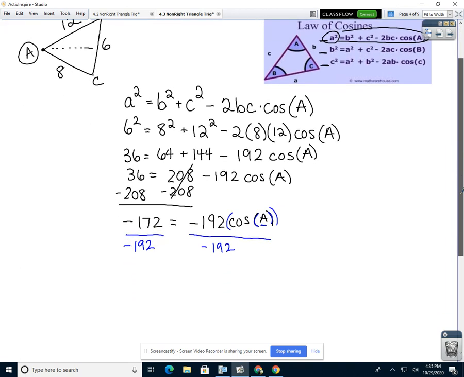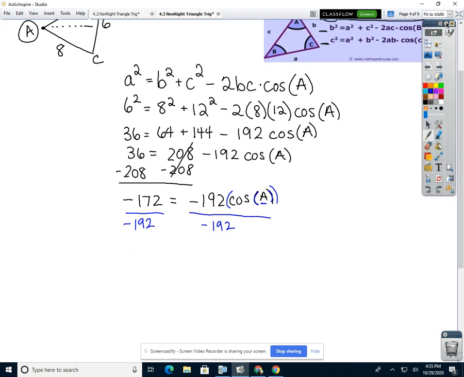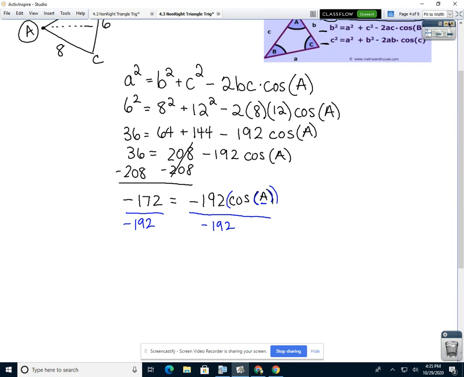Now, you all know from the last video, I like to wait until the end to use my calculator so that I'm not doing all this extra work. So I've got cosine A here because these two canceled out. And then negative 172 divided by negative 192. Well, negative divided by negative is positive, so I'm just going to use this fraction right here.